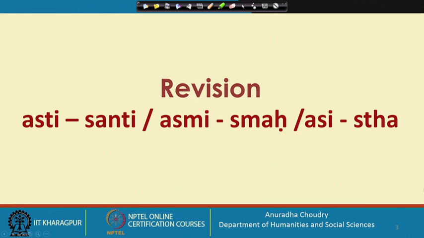But before we go on, I'd just like to do a brief revision of what we've looked at earlier. So we had looked at the plural of nouns. If you had a masculine word ending with an a, which is purusha, many of them, purushaha. Similarly, a feminine word ending with an a, mahila, mahilaha.